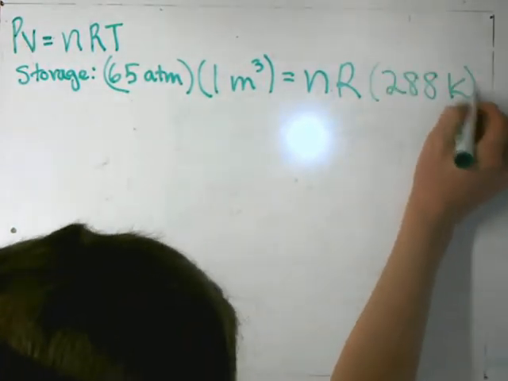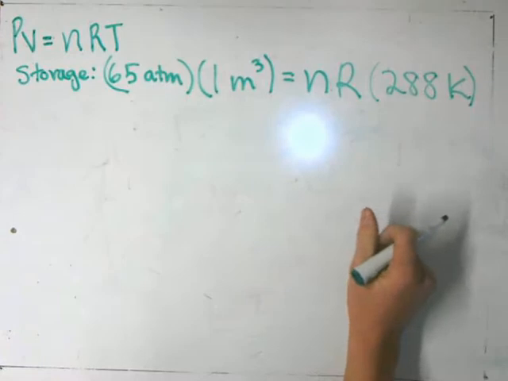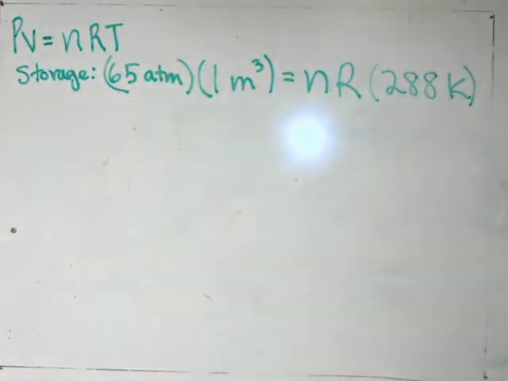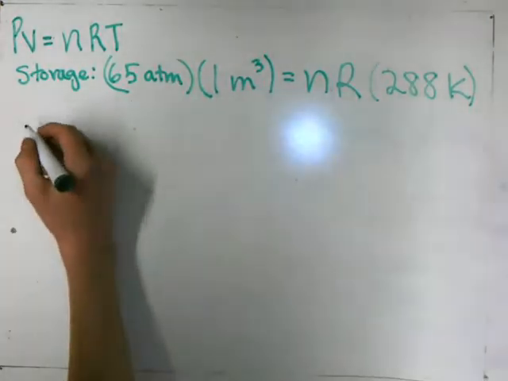Alright, so the second part of the problem says that the oxygen is pumped into a patient's room, where it's administered at a pressure of 1 atmosphere and a temperature of 297 Kelvin. So the pressure is 1 atmosphere and temperature is 297 Kelvin. Okay, so patient.